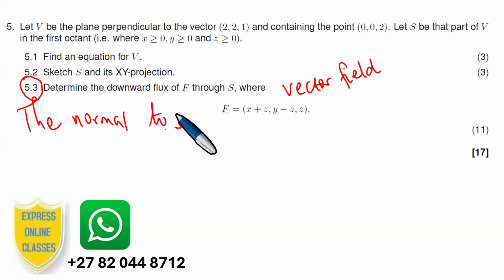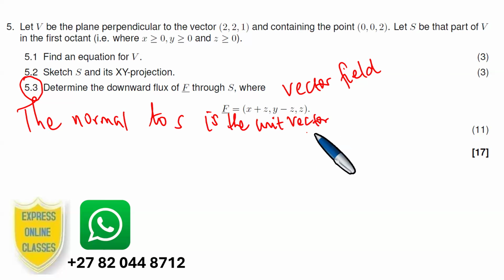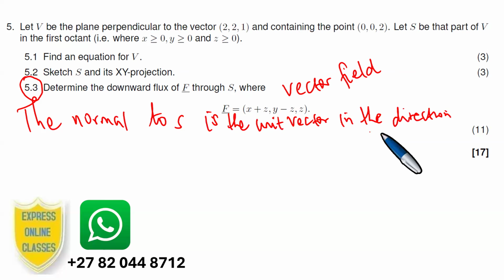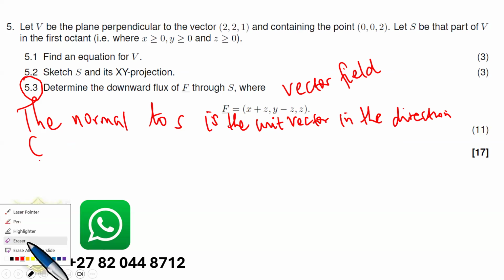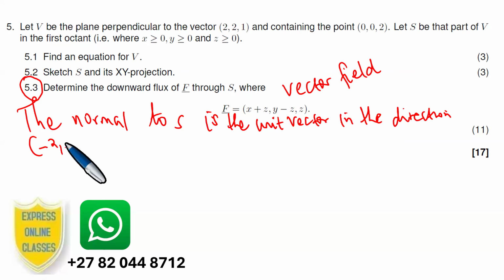So the normal to S is the unit vector in the direction 2, 2, 1, with the downward direction being -2, -2, -1.